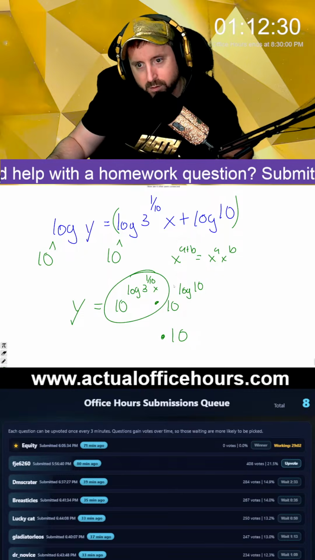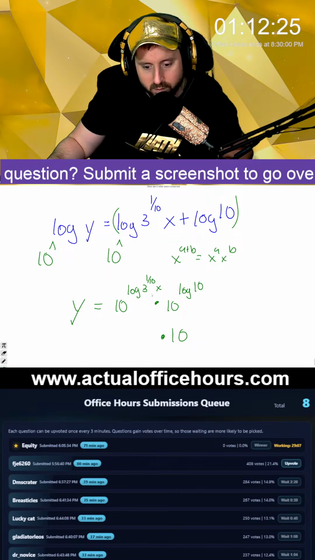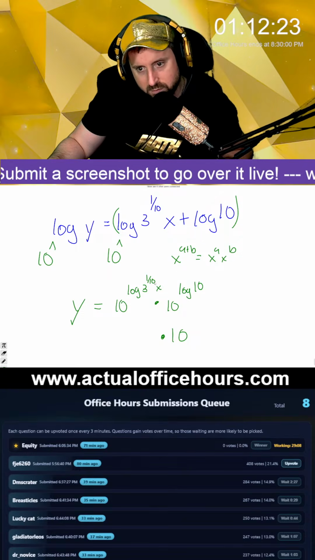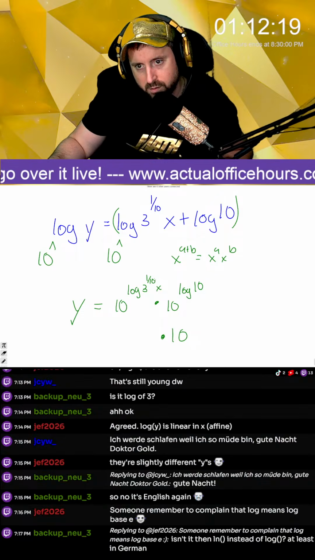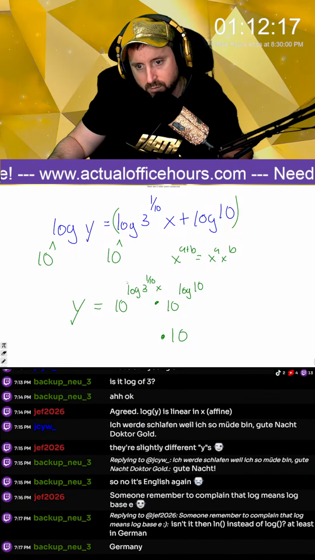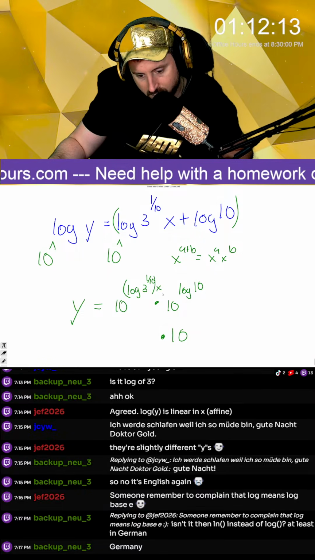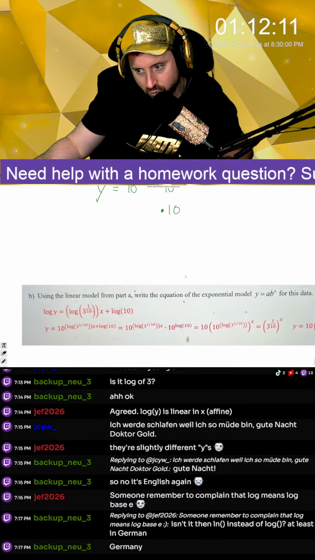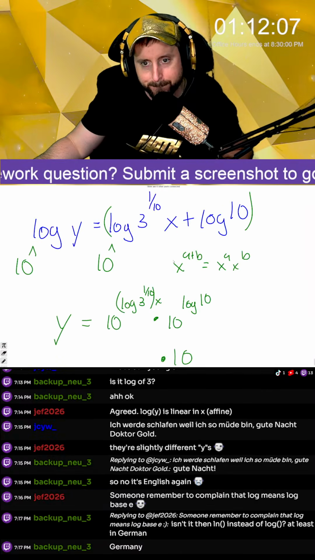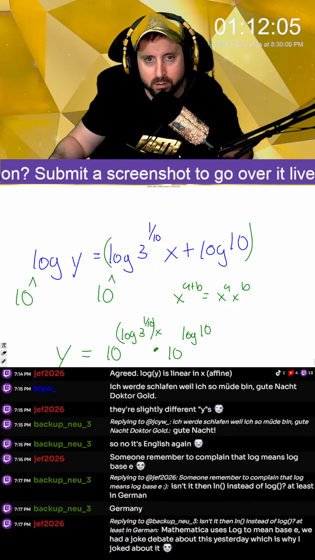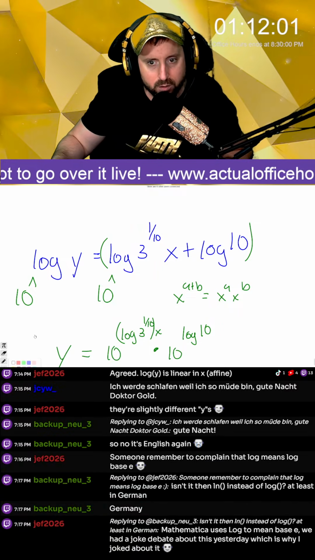All right. 10, right, because this is separate from this. Let me think how that works. Yeah, okay. So, remember that the x is not a part of the log.